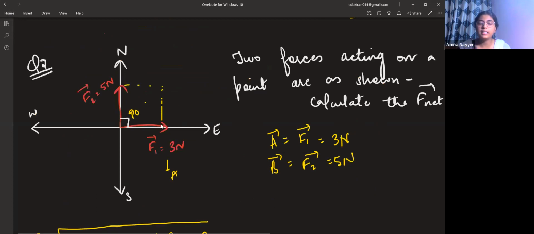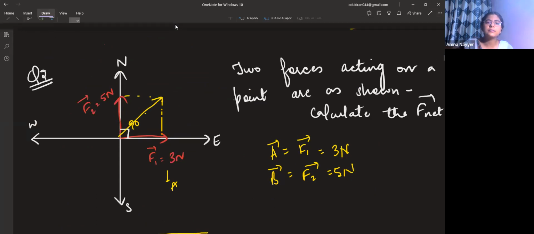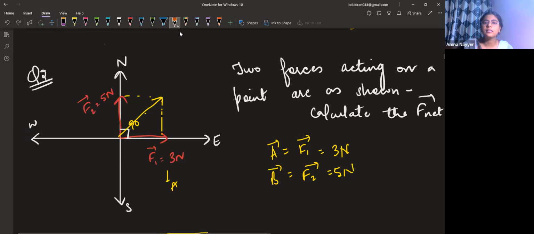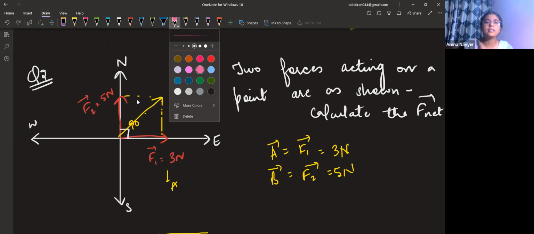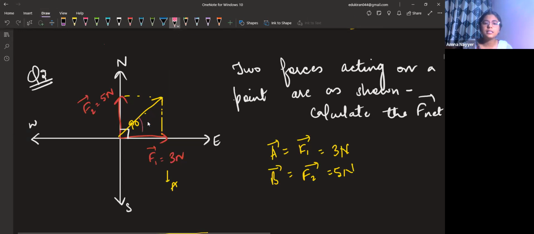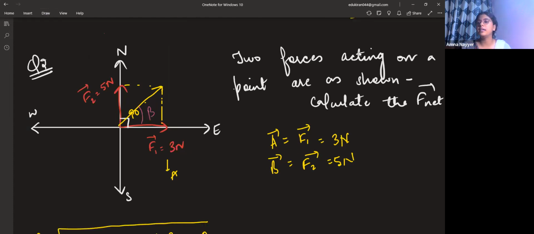So what have we learned? We have to complete the parallelogram. Here the parallelogram would be a square, right? Because all the angles will be 90 degrees. So this is the resultant. Let's say this angle is beta. So I have to find out this beta.